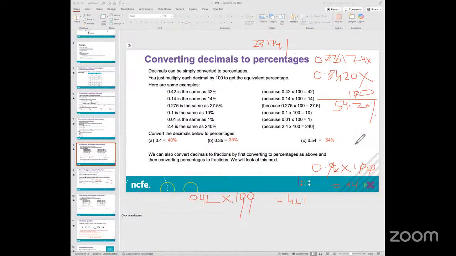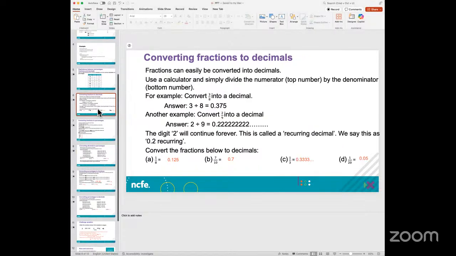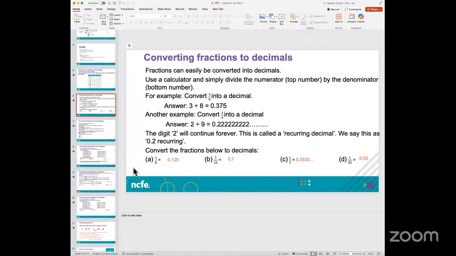So these are bits that you need to remember essentially when it comes to converting fractions to percentages, fractions to decimals, and percentages to fractions. In the exam, you'll be asked to express certain numbers in different formats. There could be one question which will say convert this fraction into a decimal.